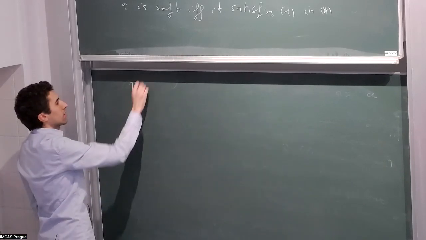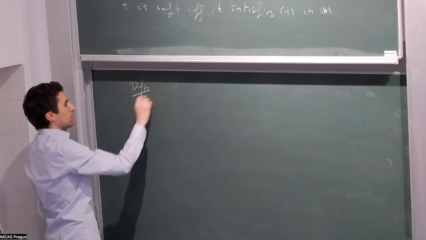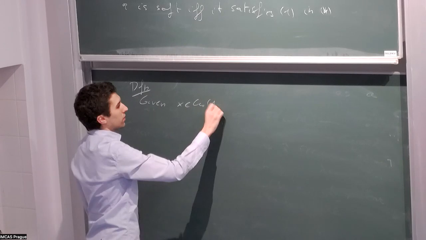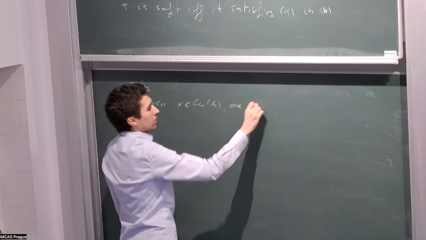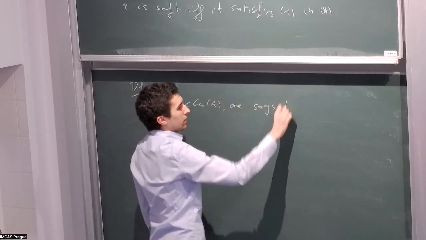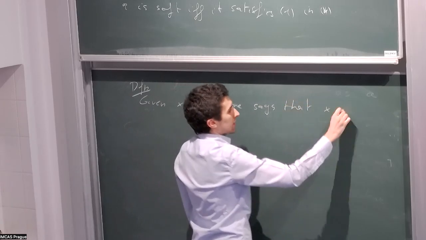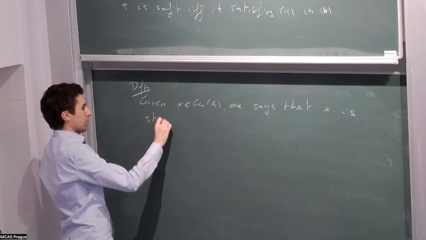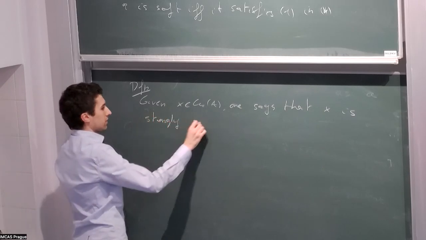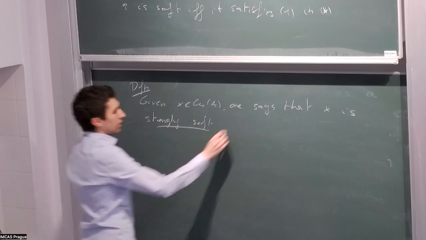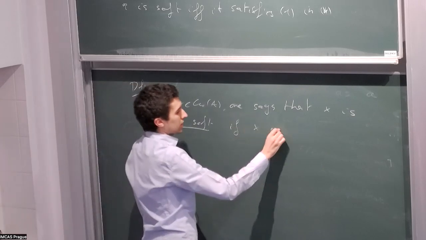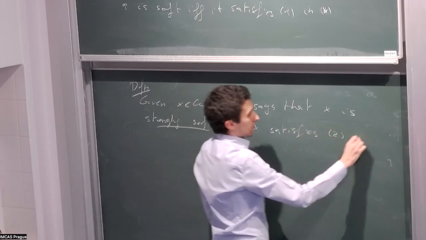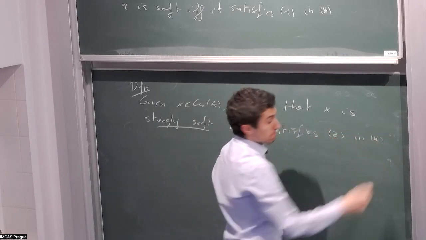Well, recall that for an element in the Cuntz semigroup, one says that X is strongly soft if X satisfies 2 in the proposition.